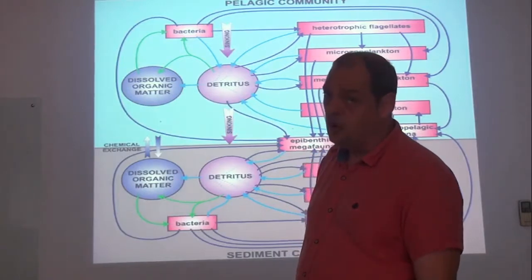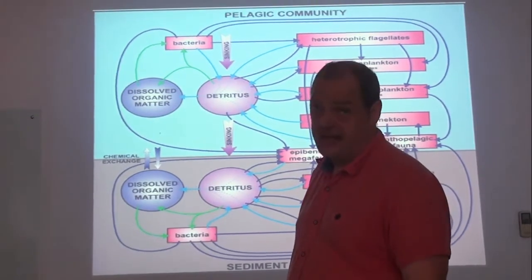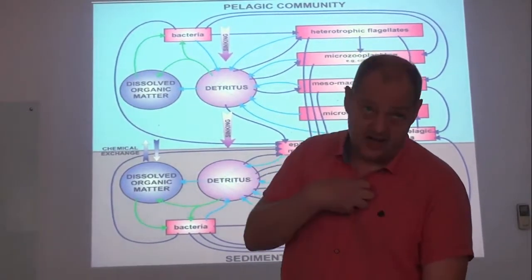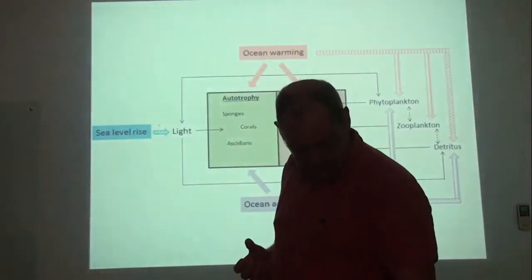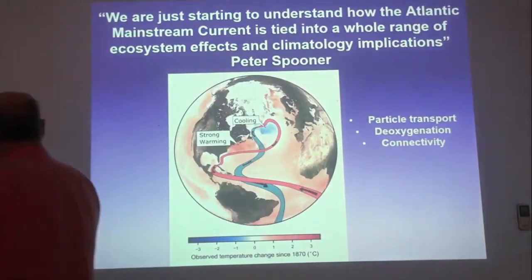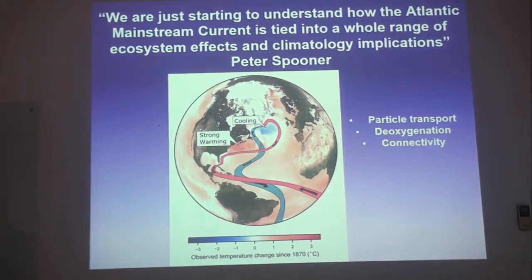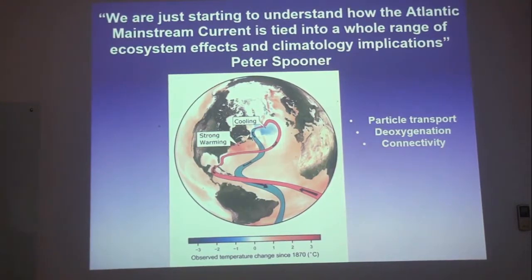And another problem that the marine animal forest, but also us, have is the change in the current patterns, not only local current patterns, but global current patterns. This is Peter Spooner from the Atlas project.